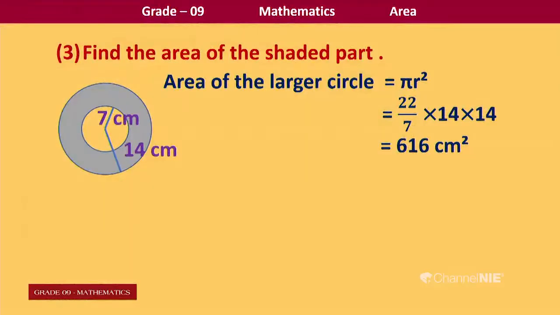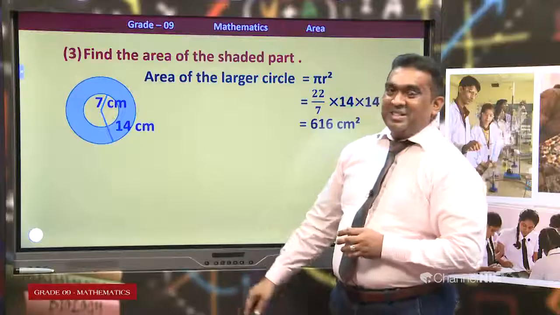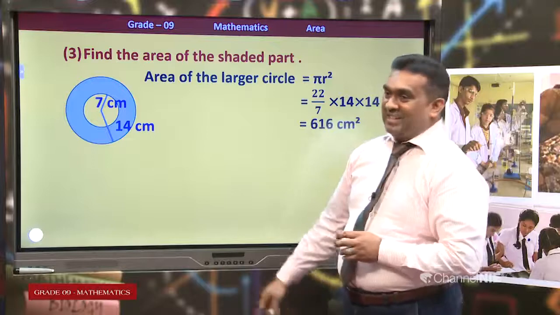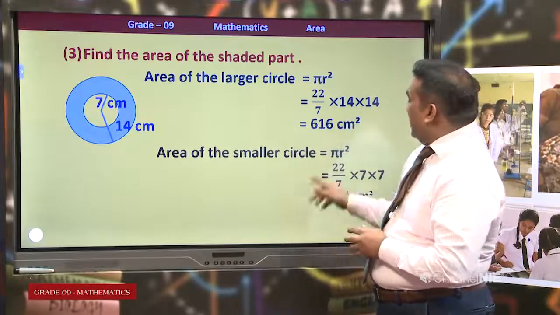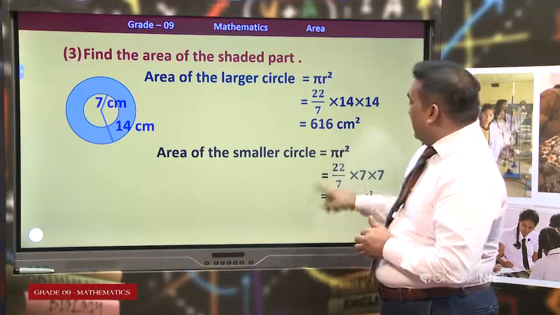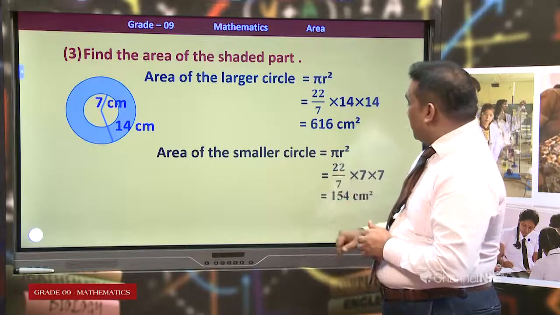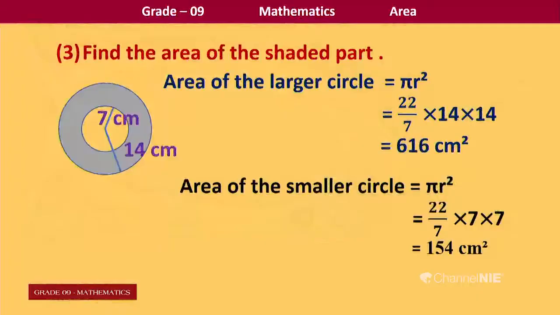Now we want to find the area of the smaller circle. Area of the smaller circle is πr squared. Here pi means 22 over 7, r is 7, so 7 multiplied by 7, then 7 and 7 will be cancelled, giving 154 square centimeters.